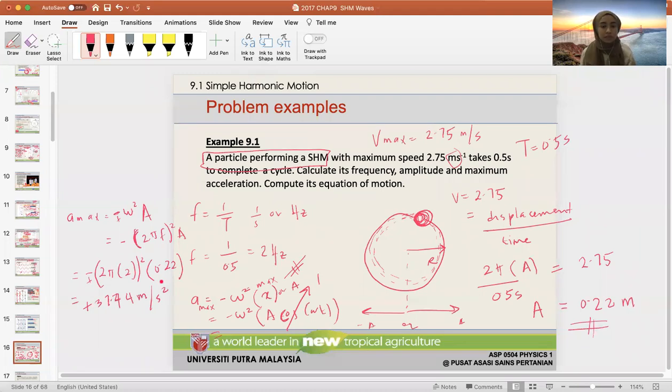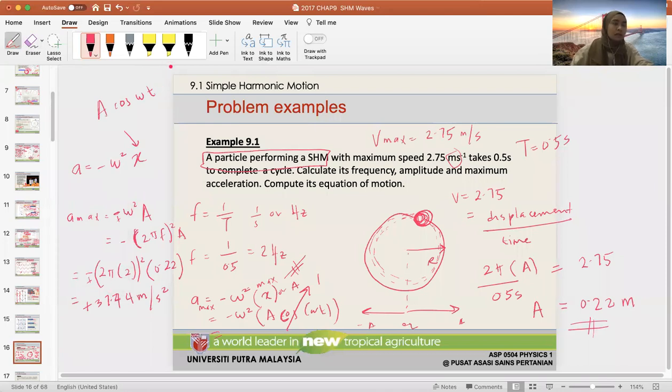Okay, let me repeat myself. I know it's confusing. The equation for a is minus omega squared x. That is the basic one, in your book. What is x? x is A cosine omega t. What is the maximum displacement?